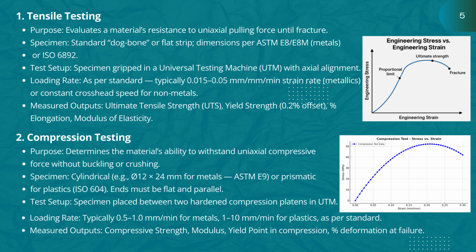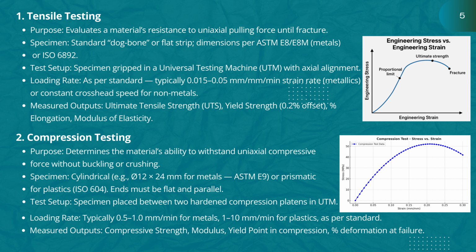constant crosshead speed. Now, if you look at the graph on the right, you can see the engineering stress versus engineering strain curve. Initially, the curve rises linearly. That's the elastic region, where the material returns to its original shape after the load is removed. The proportional limit marks the end of that linear behaviour.